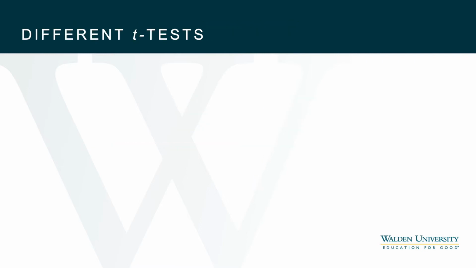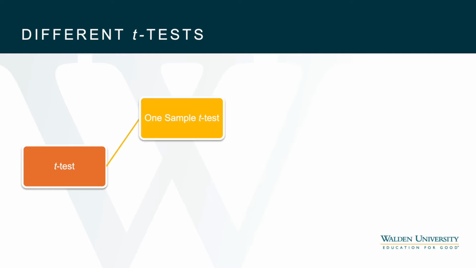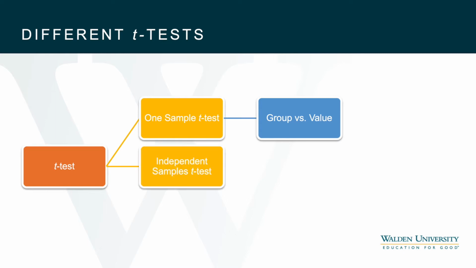In the literature, there's a variation of t-test, but we will focus here on three specific t-tests. There's the one sample t-test, and note the singular word sample. It is one group, and we will be working actually with the total sample in the data set to stand in for the greater population, and we will test our sample group for a specific test value that is set as a starting point.